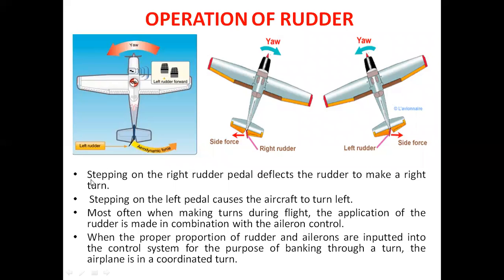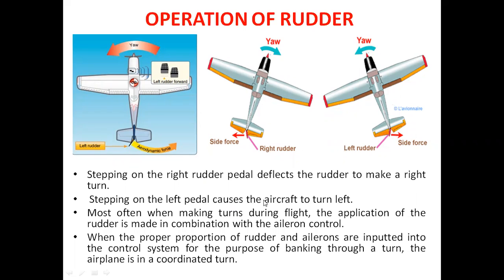Number one, when the pilot steps on the right rudder pedal, which deflects the rudder to right. The pilot will deflect the right rudder pedal. Now, the right rudder will get deflected. Means the rudder will get deflected on the right side.